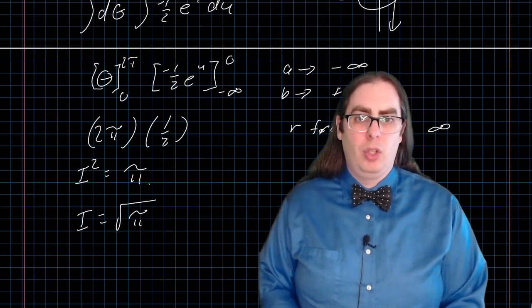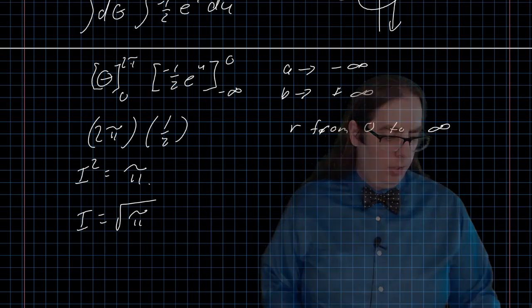All right, but I would like you to look at something a little bit simpler than this. So let's clear that off the screen and let's look at one more example.